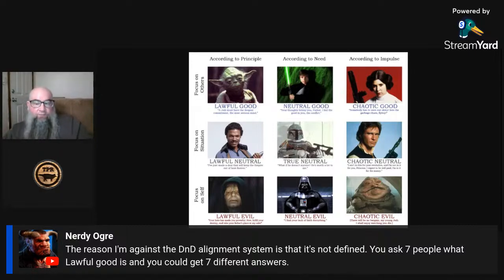So I agree. And one of the cool things about the Planescape setting is how specifically and deeply it defines each of these alignments. You have entire source books about the planes of law. You have entire source books in third edition, at least. Now in second edition too. You have entire source books about the planes of chaos.